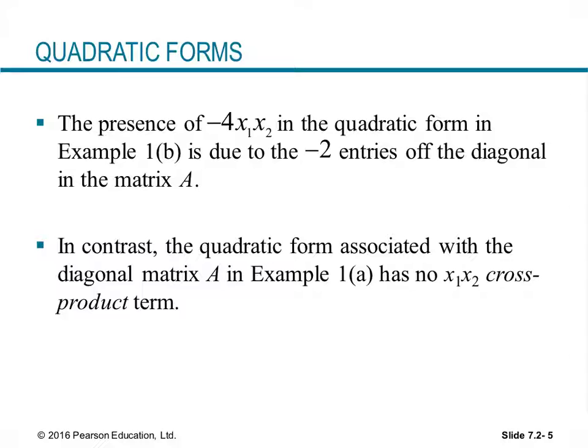So if we have non-zero entries in the off-diagonal areas, then we have this cross product term as in B, but as in A, if the matrix is diagonal, then there is no cross product term.